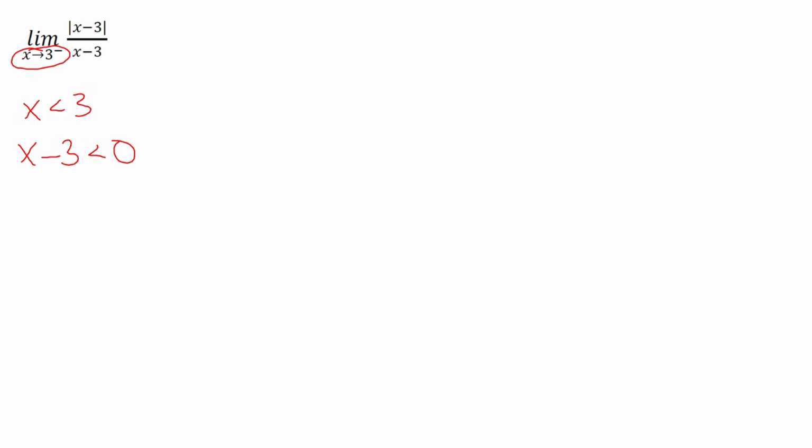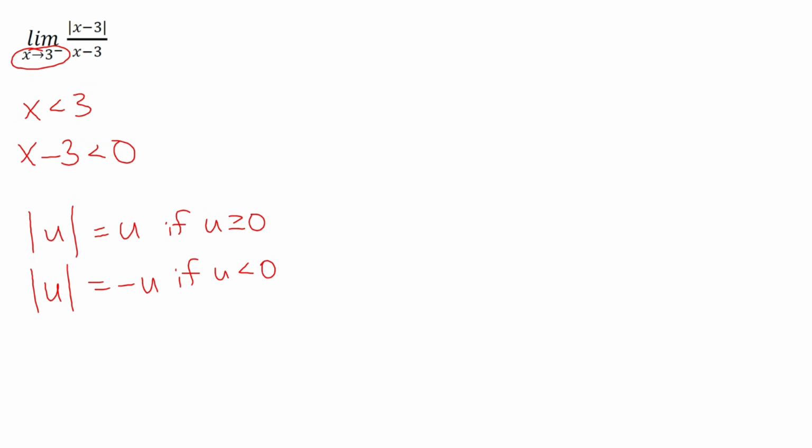And the definition of absolute value says the absolute value of something, we'll call it u, is equal to u if u is greater than or equal to 0, and the absolute value of u is equal to the opposite of u if u is less than 0. Well, our u, x minus 3, is less than 0.